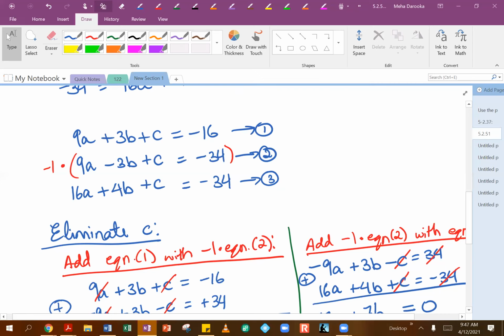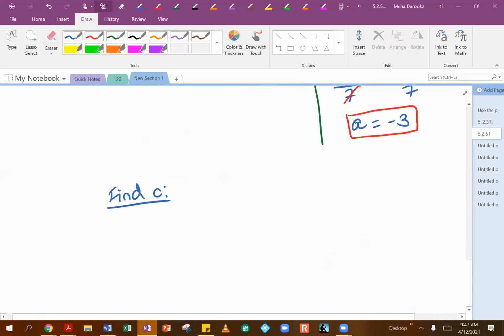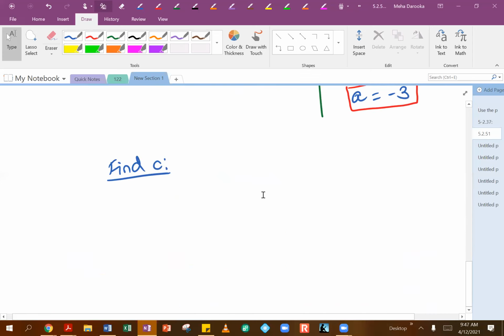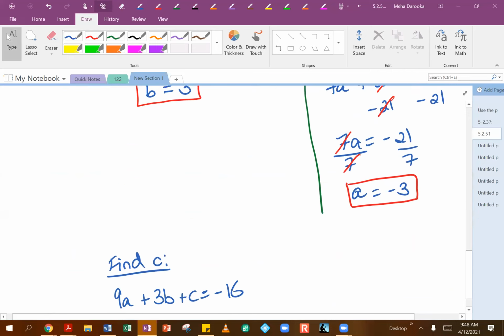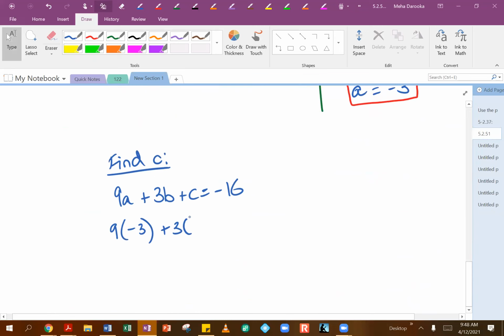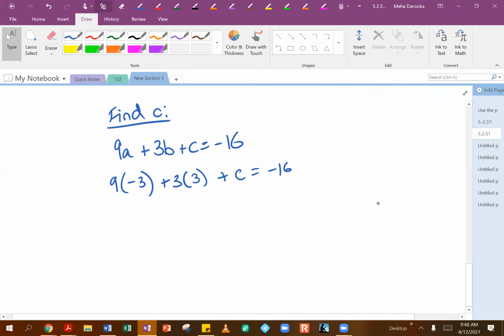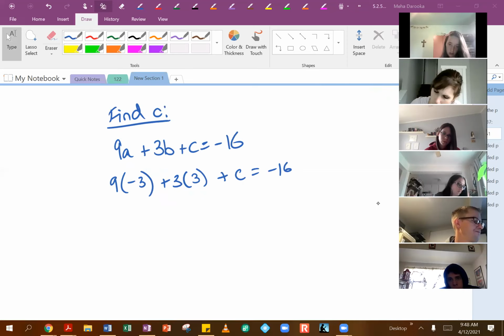So 9a plus 3b plus c equals negative 16. So let's see, 9a would be negative 3, plus 3 times b. Remember, b is positive 3, plus c equals negative 16. So what do you guys end up getting for c?